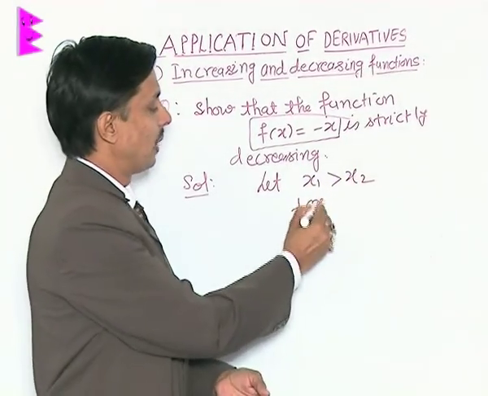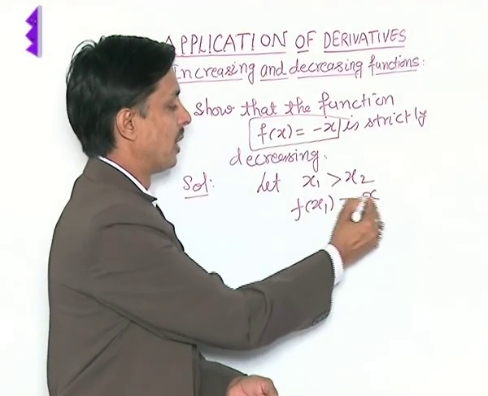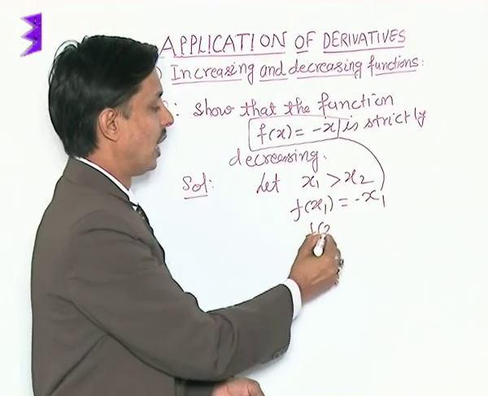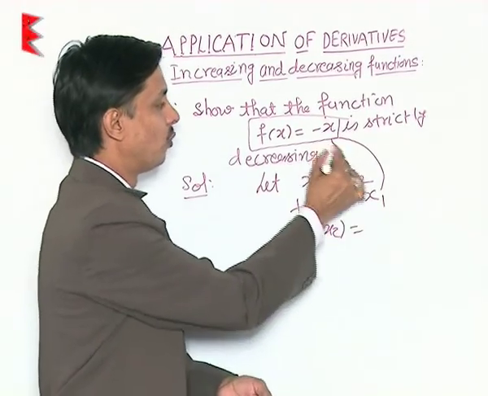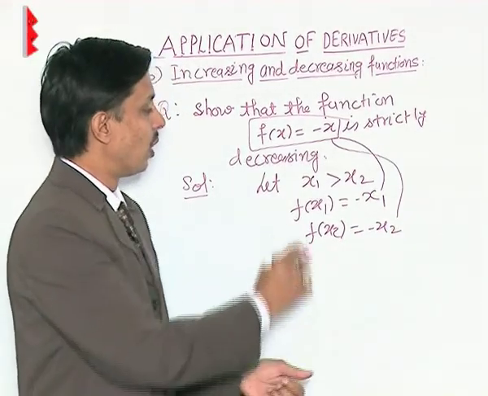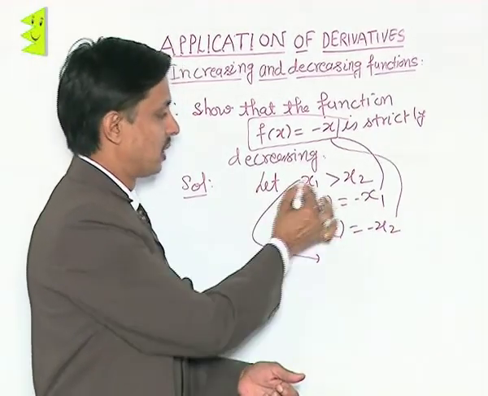What will be the value of f(x1)? It will be minus x1 in this equation, and the value of f(x2) will be minus x2. Now I have taken x1 is greater than x2.